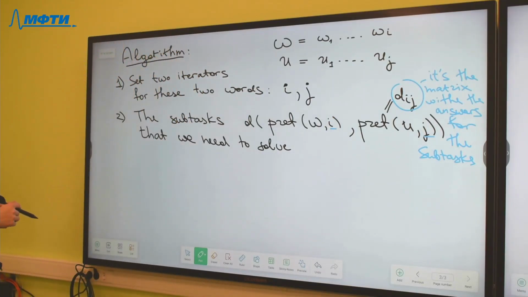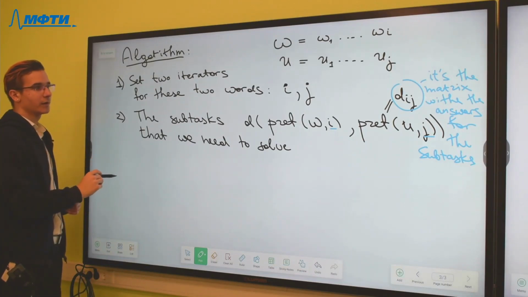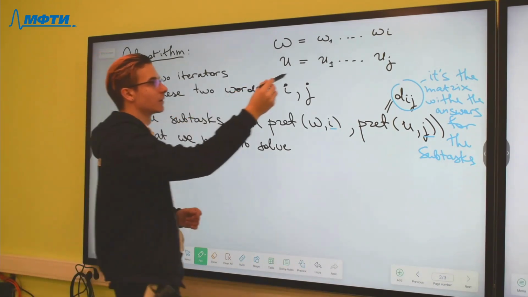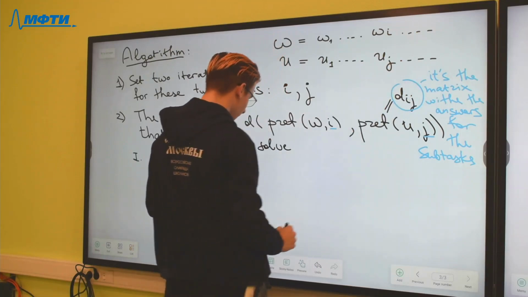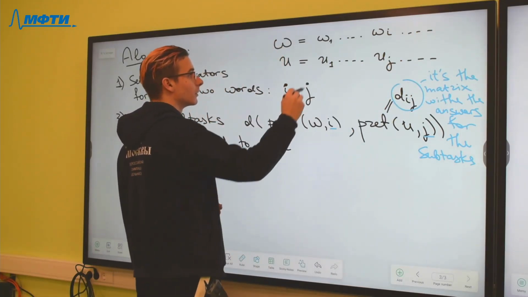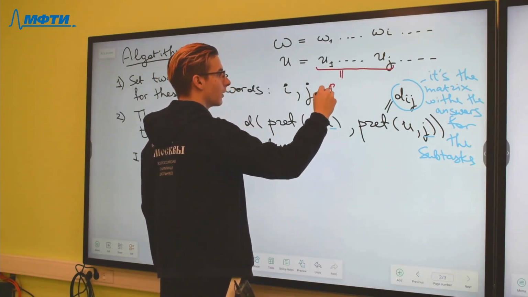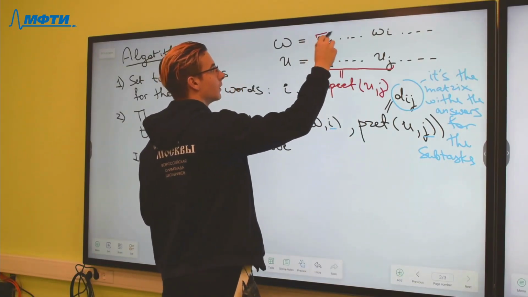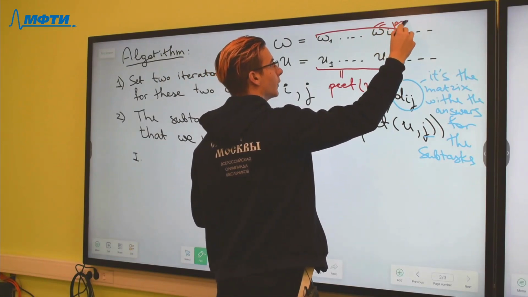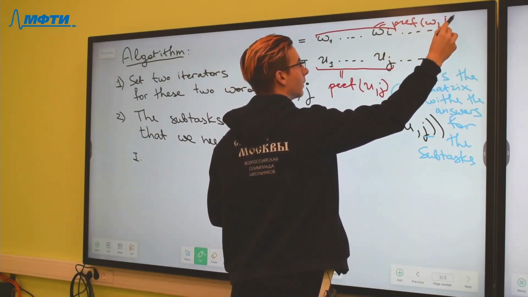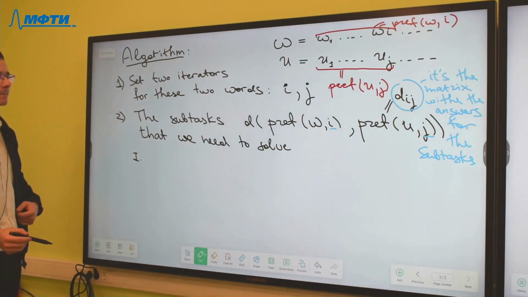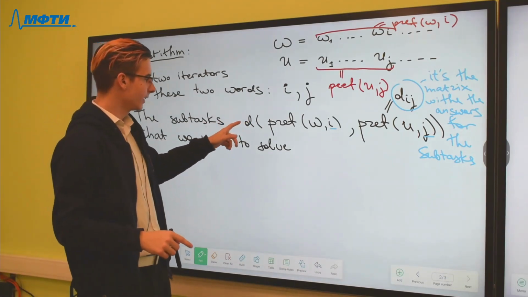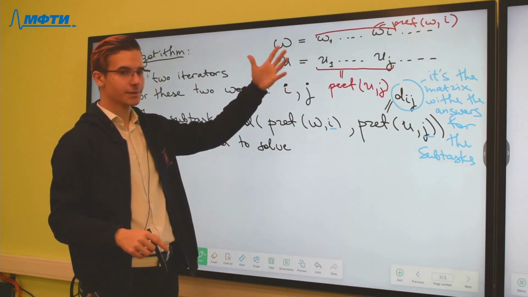we can say that there are three ways to compare these two words, these two prefixes of words W and U. It is prefix without empty character or prefix with, but when we find the distance between these two words, we can add empty characters.